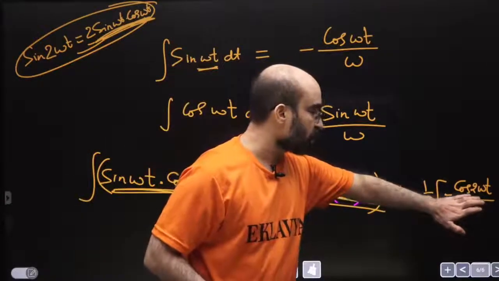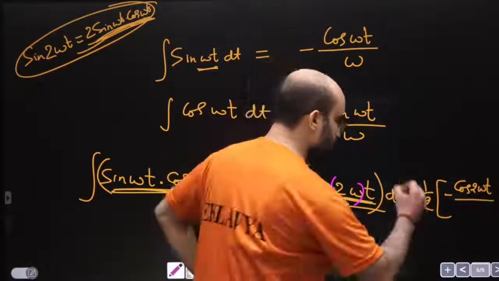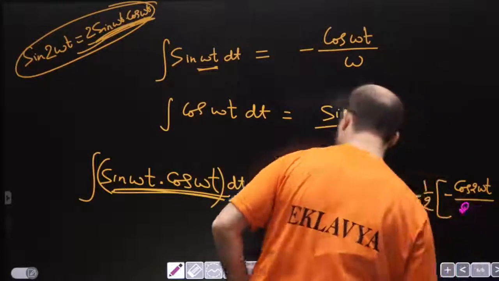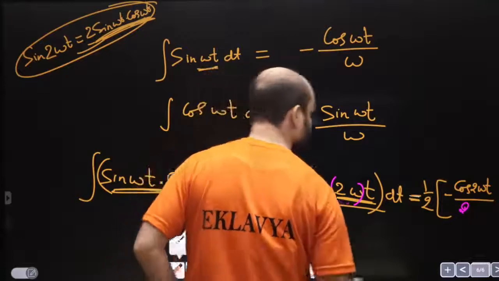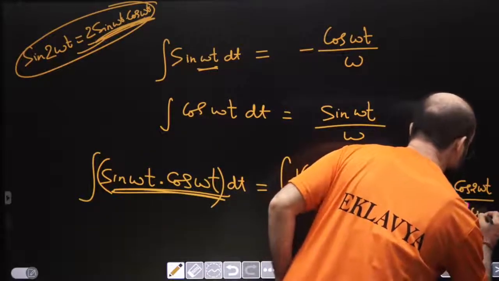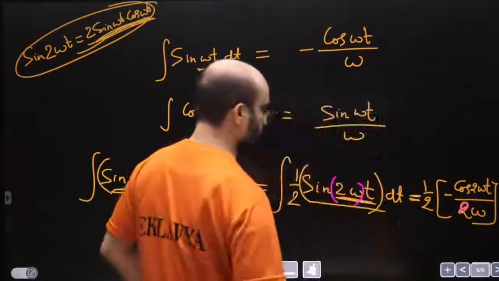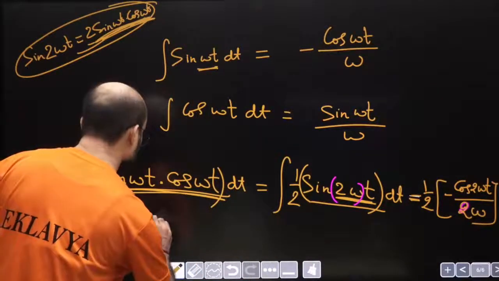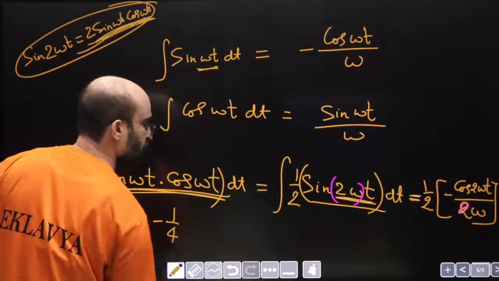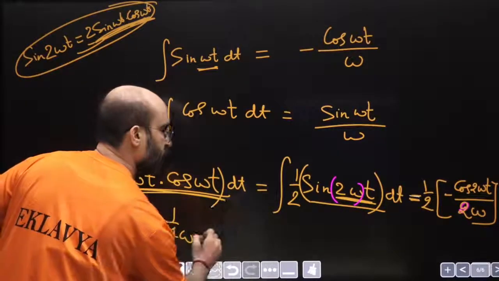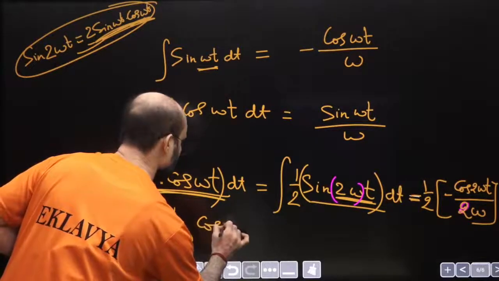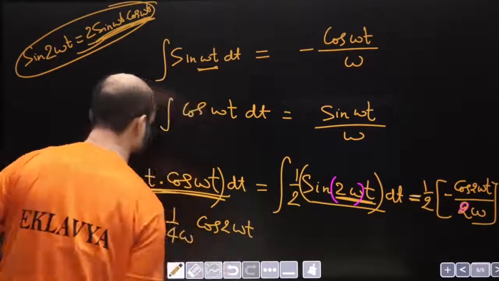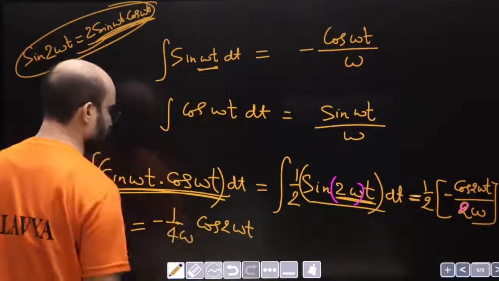So we have already done for the entire angle, this divided by the coefficient, that is 2 omega. So this is our result. The final result for this equals minus 1 by 4 omega into cos 2 omega t. Right? This is what we are going to get.